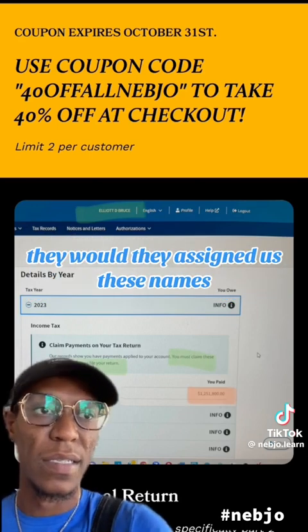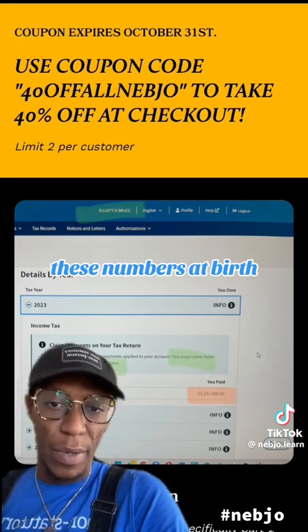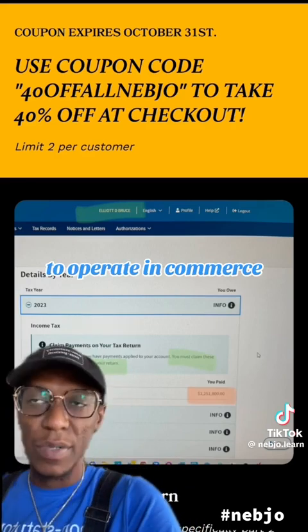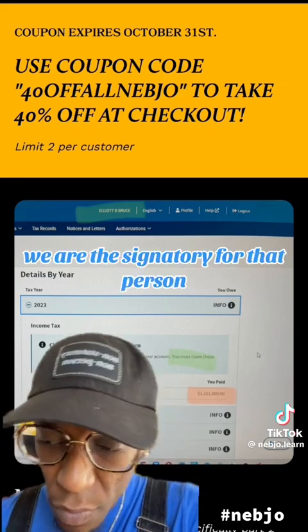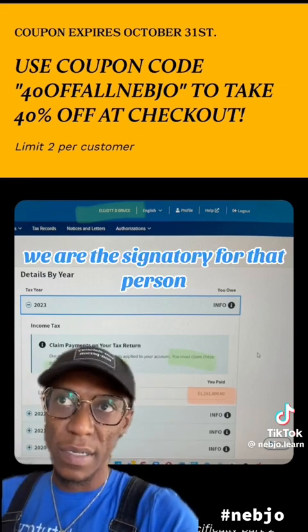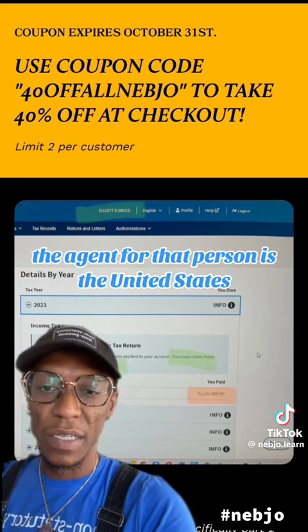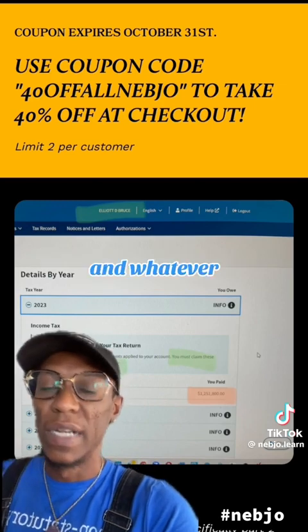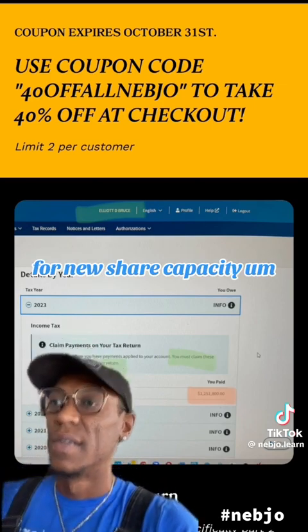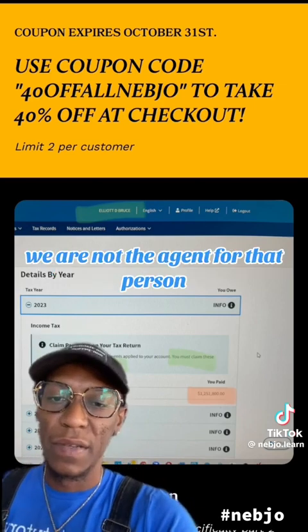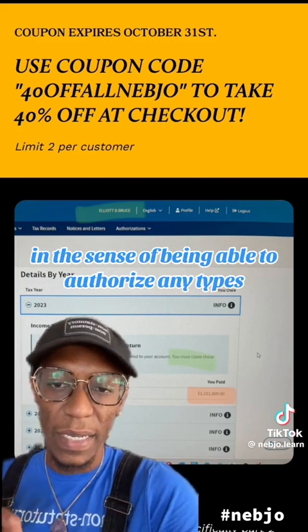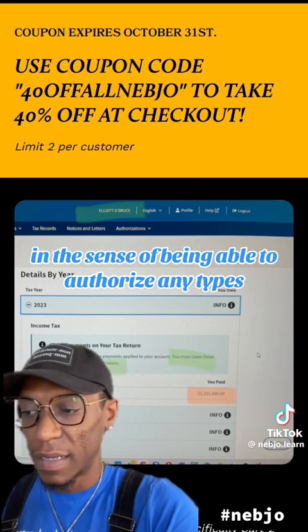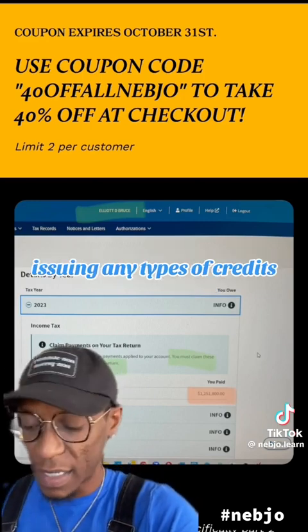They assigned us these names, these numbers at birth to operate in commerce, to operate in the matrix, to pay for things. You know what I'm saying? We are the signatory for that person. The agent for that person is the United States, in whatever fiduciary capacity. We are not the agent for that person. We're the authorized representative in the sense of being able to authorize issuing any types of credits.